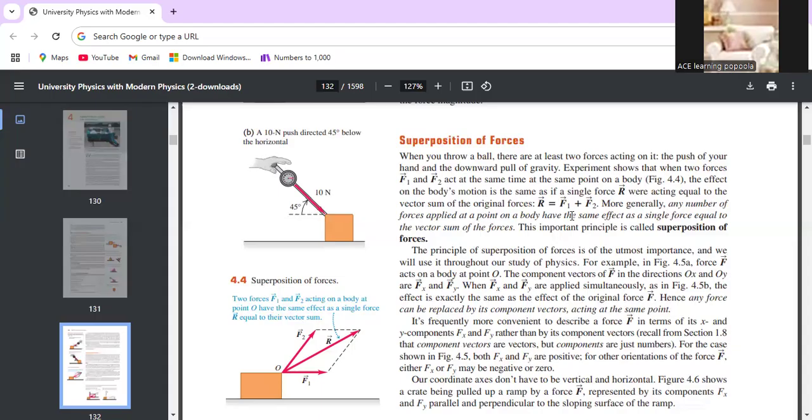If we could combine the two forces together and replace them with another force, that will be the resultant of those two separate forces.